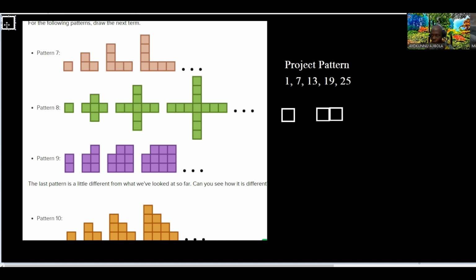Then, might not be perfect, but this is three. And we are going to seven, right? Yep. This is going to be four.